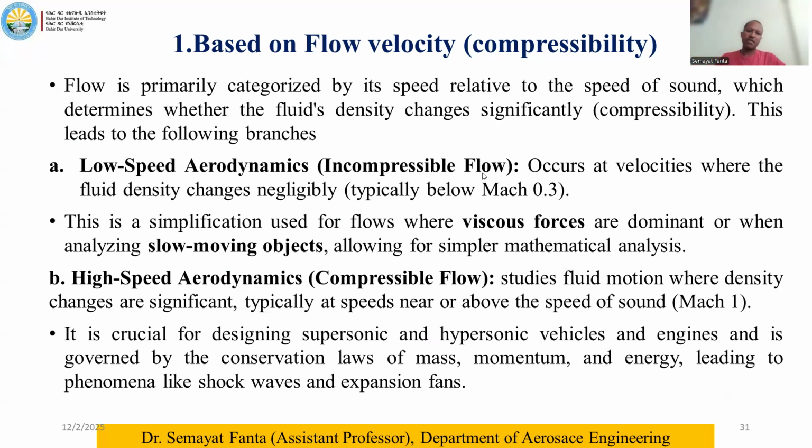Because as we go to higher altitude, density is varying and temperature is also decreasing within the troposphere, so the sound speed is different at different altitudes. Sound speed, C or a, is equal to the square root of gamma R T. Gamma is the specific heat ratio, R is the gas constant, and T is the temperature, which varies with altitude.